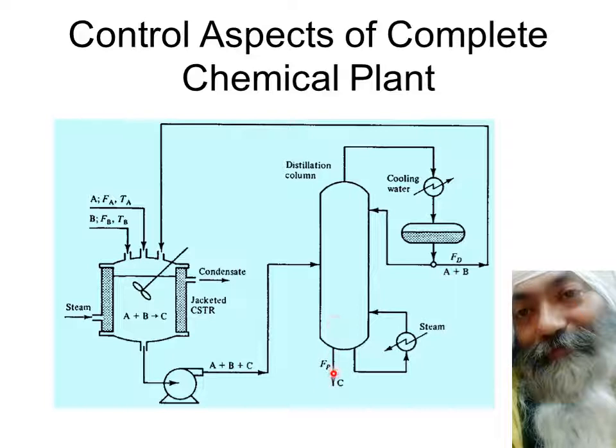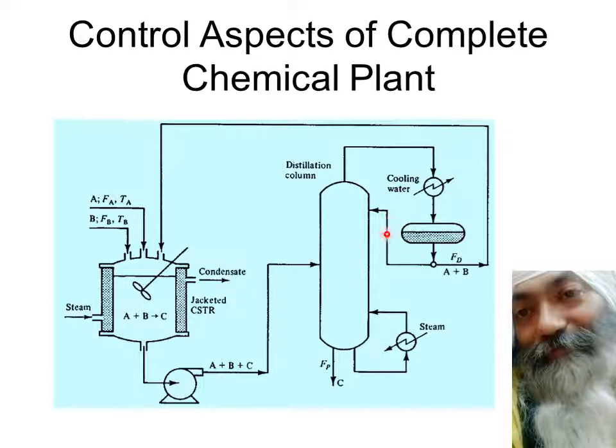So we want to maintain a certain flow rate of this Fp also. This flow rate means that if we want this C to be 95% and the flow rate is there, if this C becomes 98%, then let's increase this flow rate, and that flow rate can be increased by giving in more amount of reflux over here.